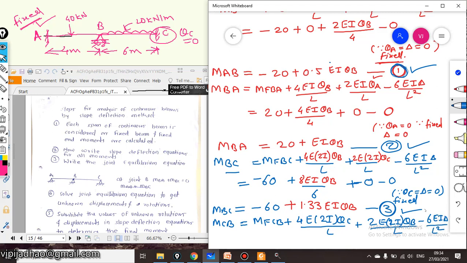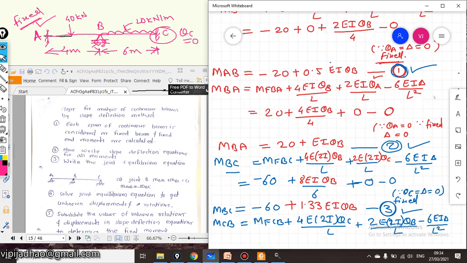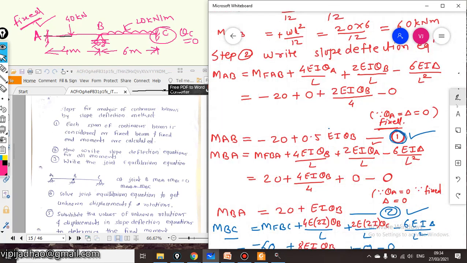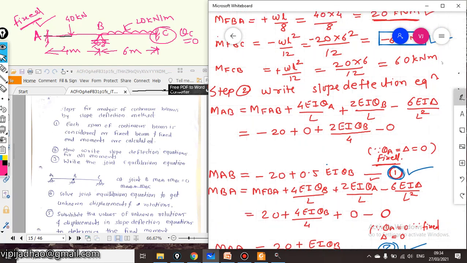If you don't have settlement, you can directly omit this particular term of minus 6EI delta upon L square. Just put the value of MFCB. We have already calculated the value of MFCB as plus 60 kilonewton meter.